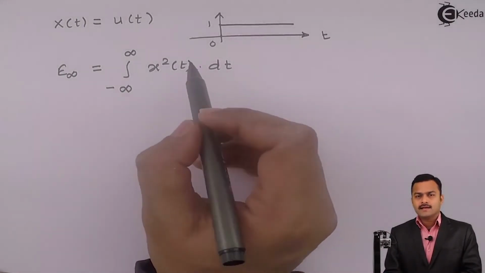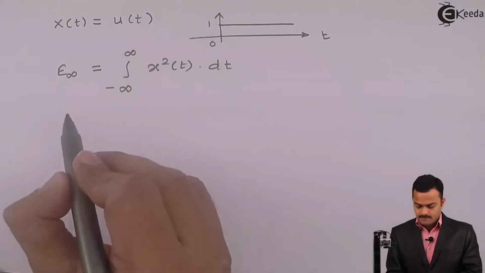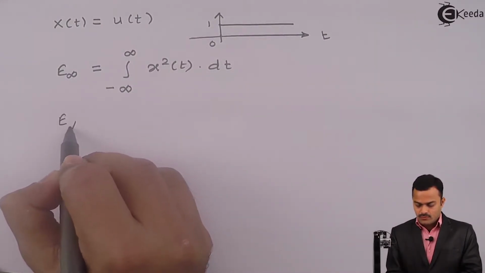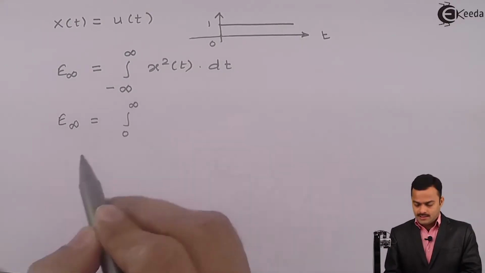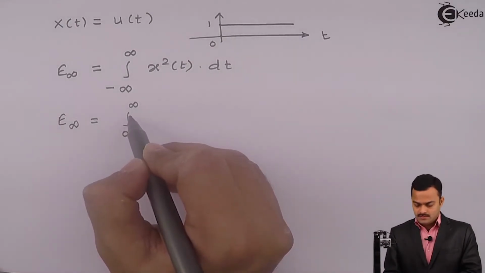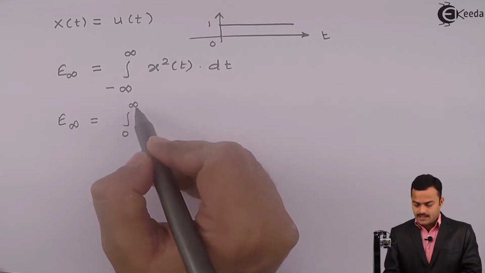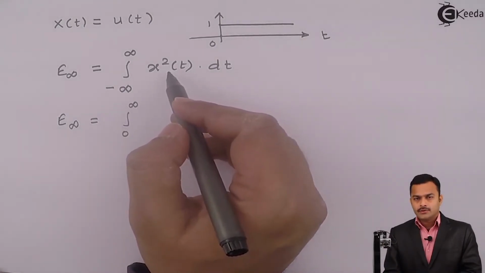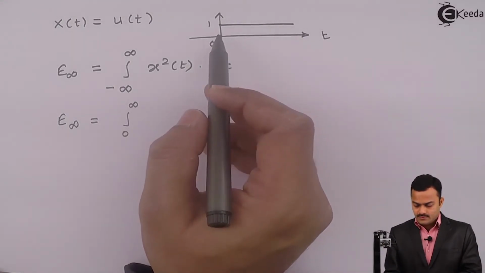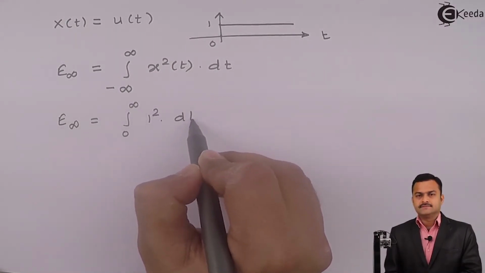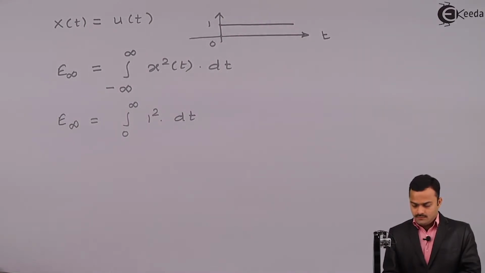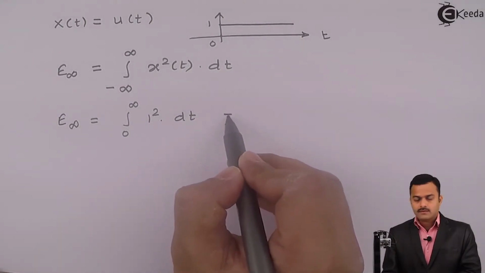Being a unit step signal which exists only from 0 to infinity, I'll change the limit to 0 to infinity, and the magnitude is 1, so it is 1 square dt. Now 1 is a constant, so that will come out.